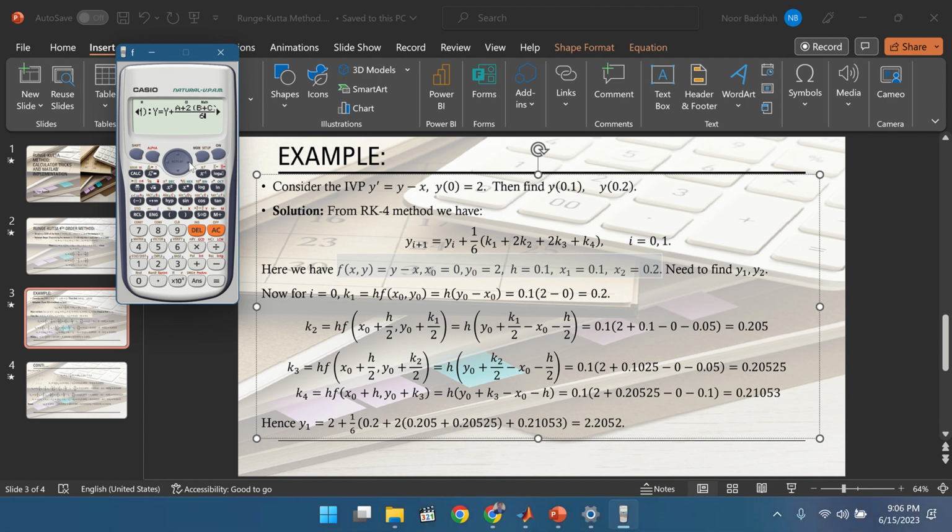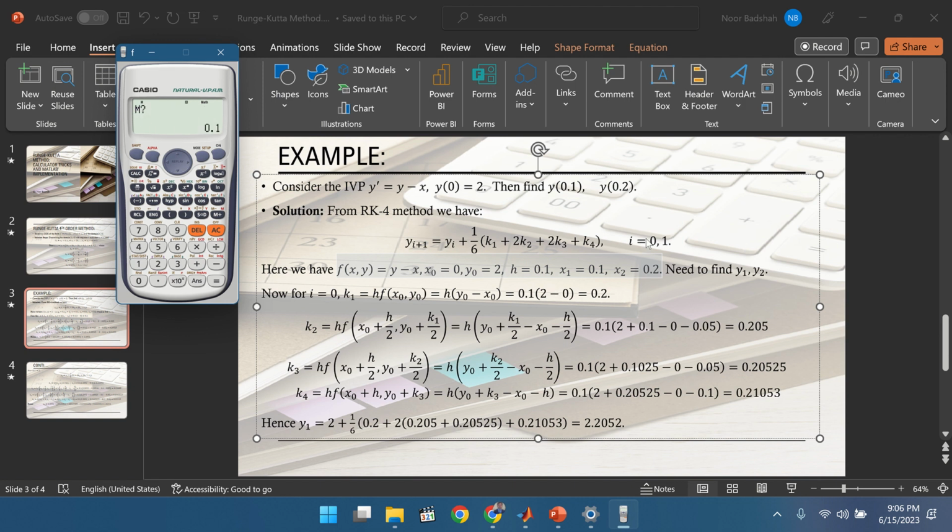Now you see that I'm having a as my k1 and b as my k2, c as my k3, d as my k4, and this equation will become y is equal to y plus k1 plus 2k2 plus k3 plus k4, and then dividing by 6. So I'll just press this calc now. It will ask for m from me.